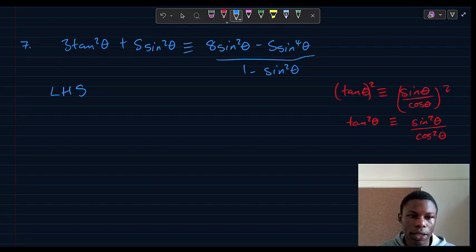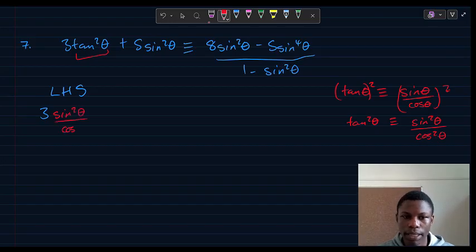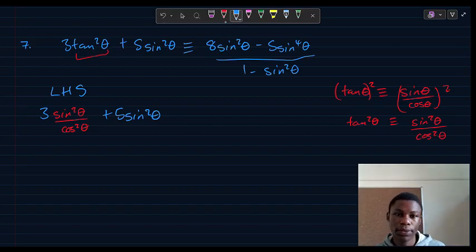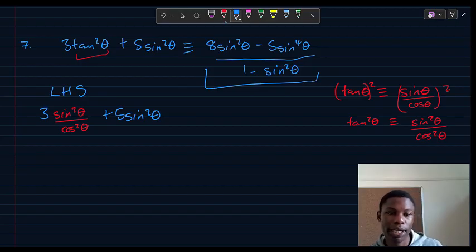I can use that on the left-hand side, on the tan squared theta here. So that's sine squared theta over cos squared theta plus 5 sine squared theta. And the reason I changed the tan squared theta is I can tell that my right-hand side has absolutely no tan squared theta. So it's in my best interest to get rid of tan from the jump.